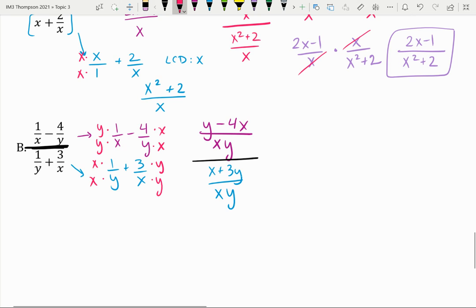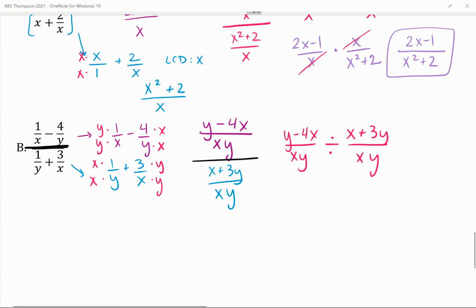So make the top a fraction, make the bottom a fraction, and instead of that big division bar, I'm going to rewrite it with a division sign. We don't ever divide by a fraction.